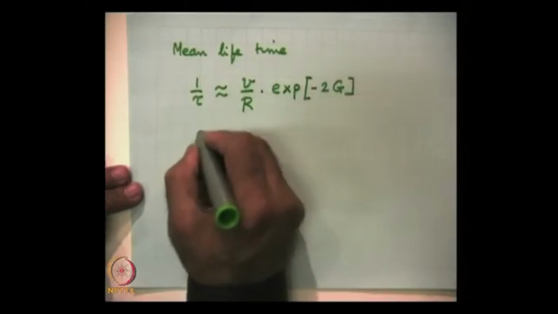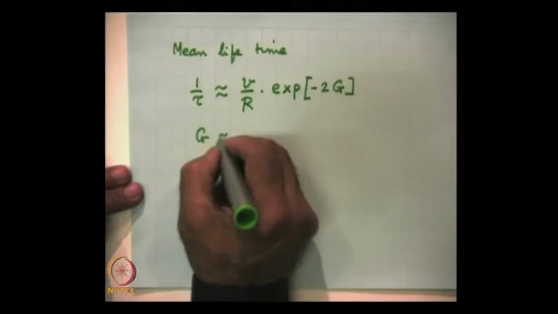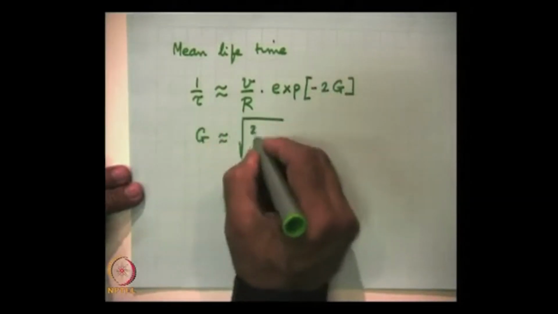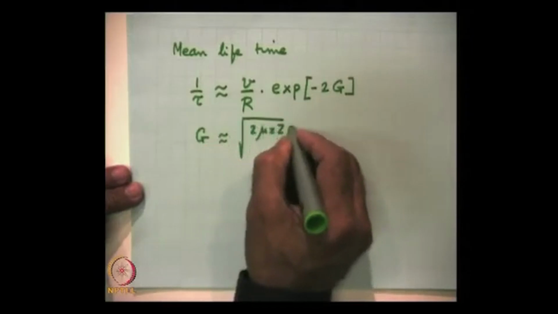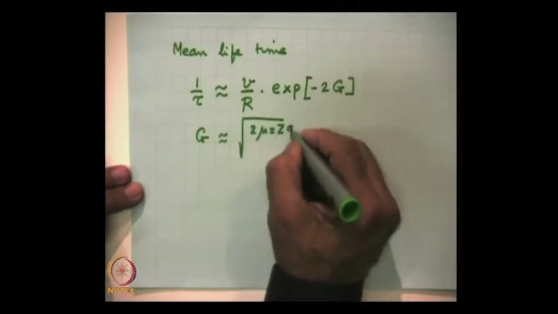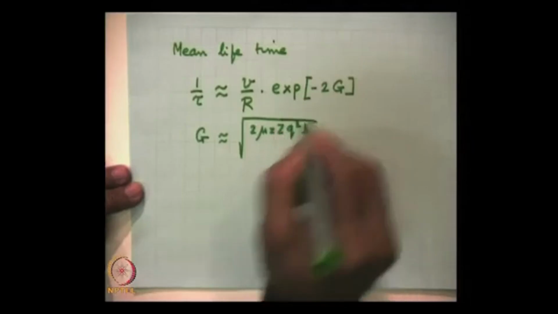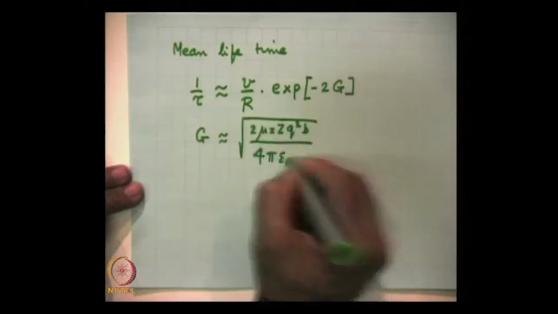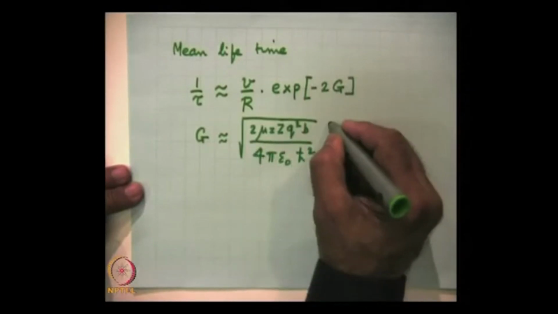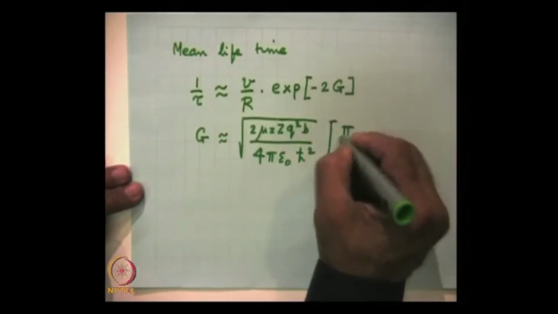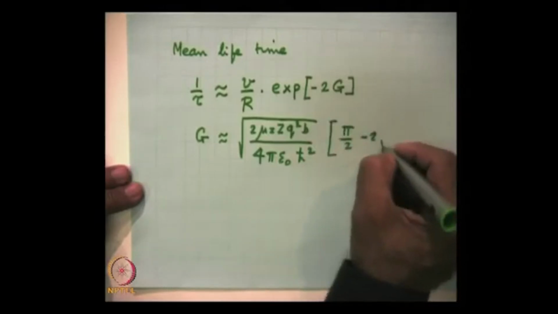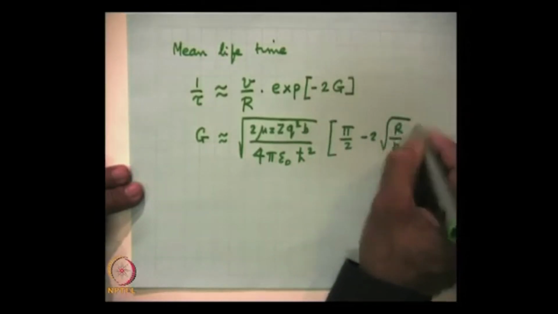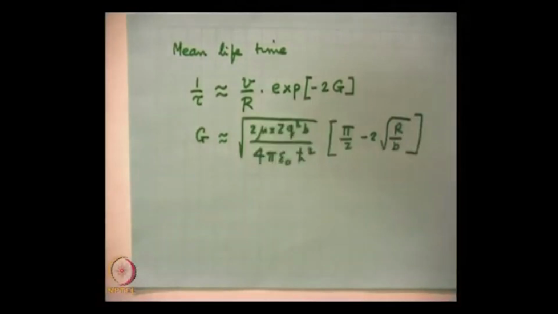So g, as we all know, is equal to 2 mu Z q square b by 4 pi epsilon naught h cross square, approximately pi by 2 minus 2 under root of r by b. Now, one can do a little bit of algebra.